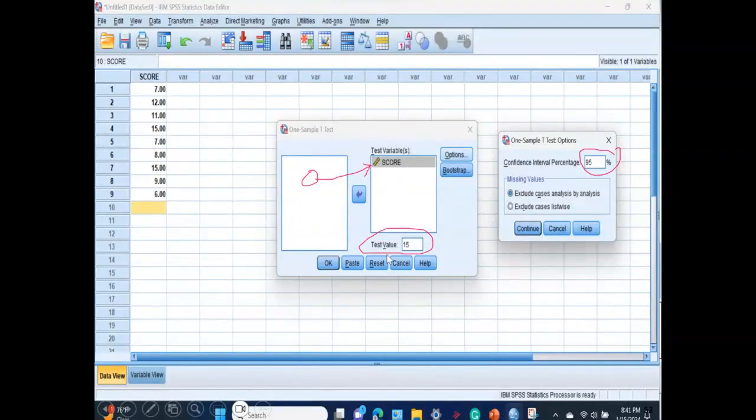And then where it says test value, that is the score from the last year. According to your problem, the research score for the last year employees, the average for the optimism, it was 15. So put the 15 there and then click on options.